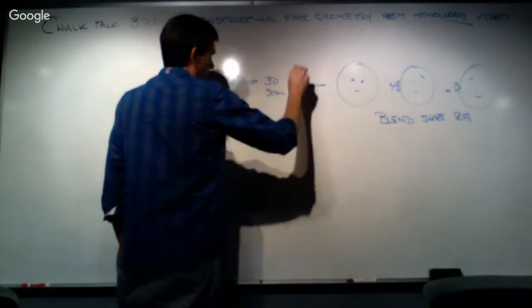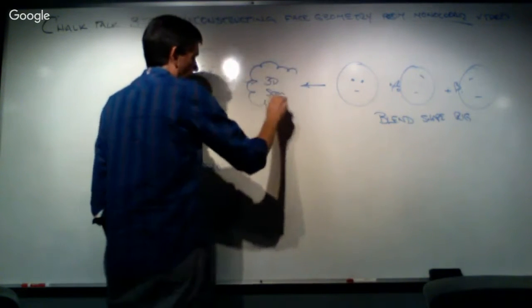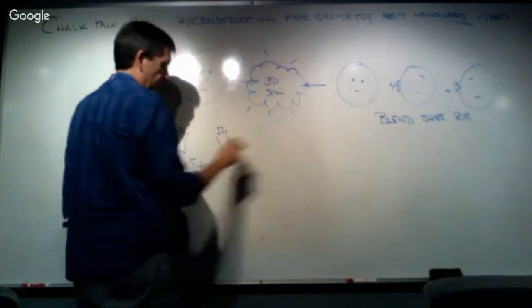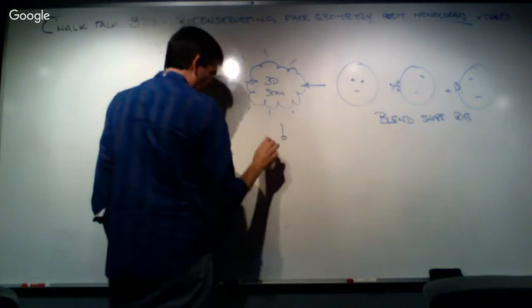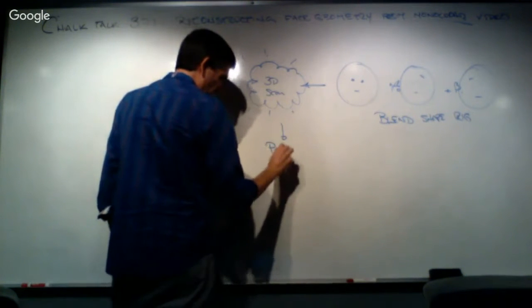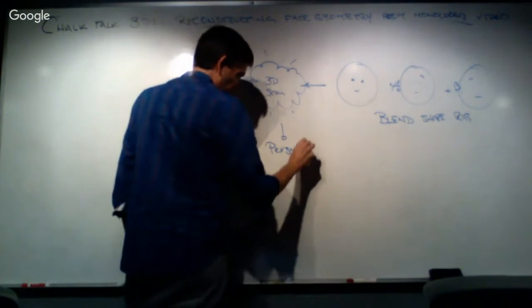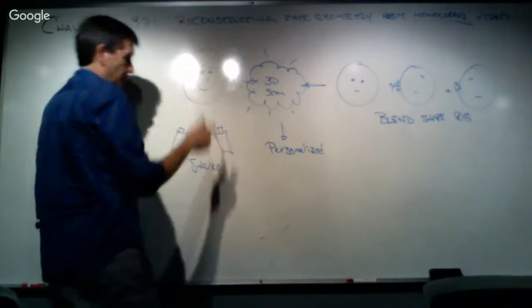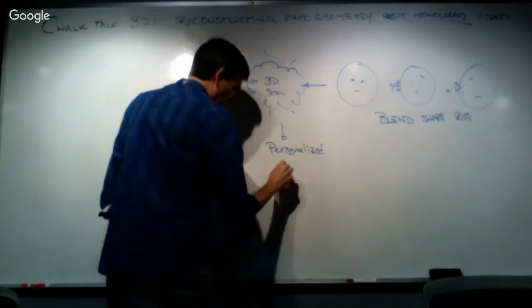This gets merged into this. Magic happens, which we talked about last time, and out pops a personalized blend shape rig. The magic here is a Laplacian mesh deformation.